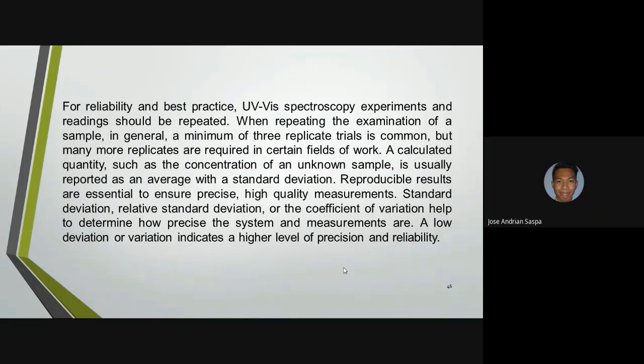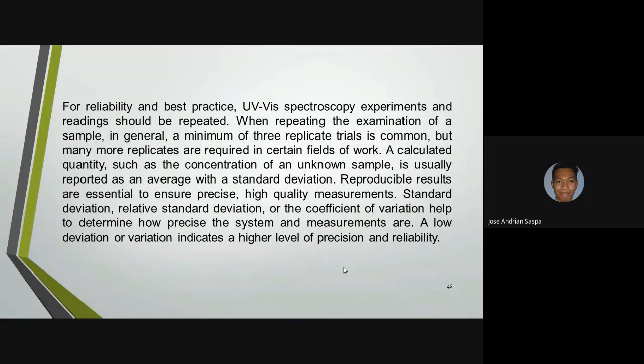When repeating the examination of the sample, in general a minimum of 3 replicate trials is common, but many more replicates are required in certain fields of work. So the more trials, the more accurate and the better the result we are able to get and analyze.